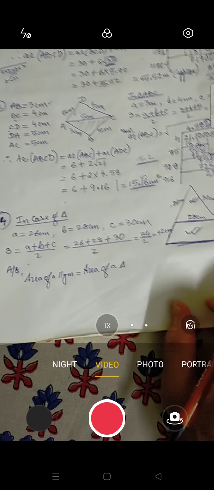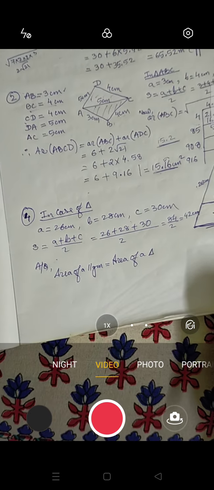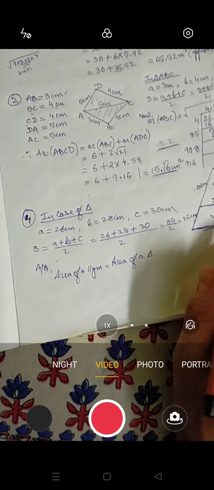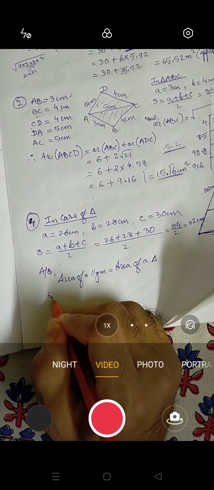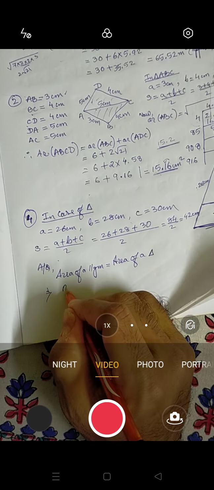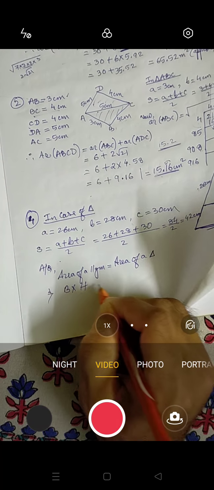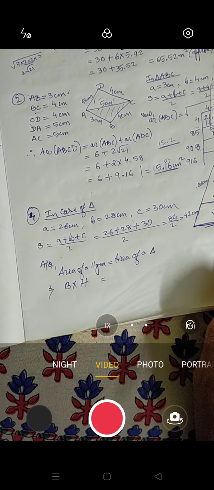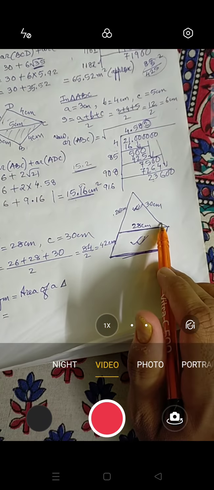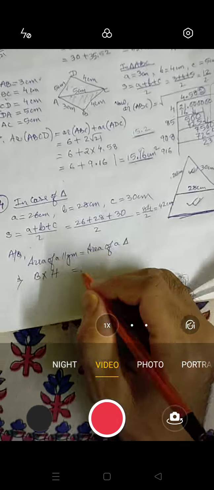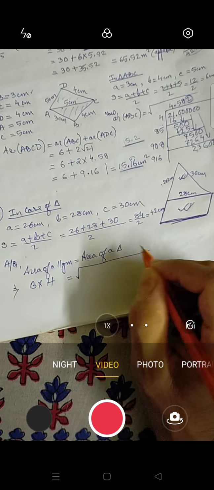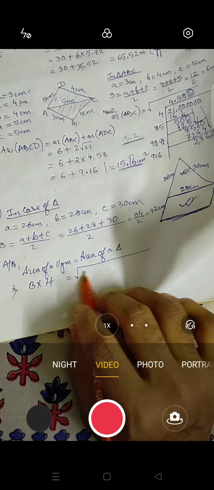Now the area of a parallelogram is base into height. The area of a triangle, in this case we know three sides, so we have to apply Heron's formula.